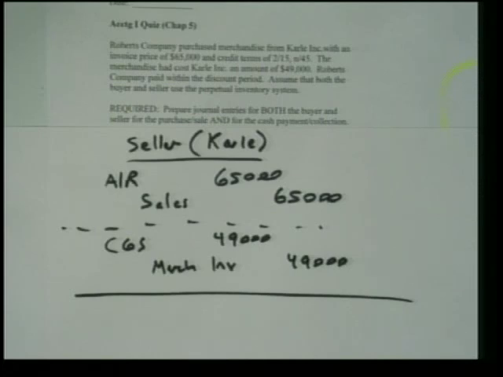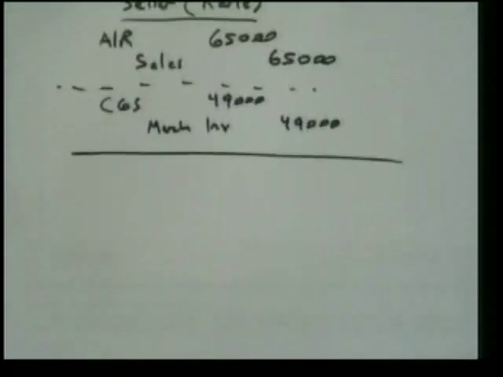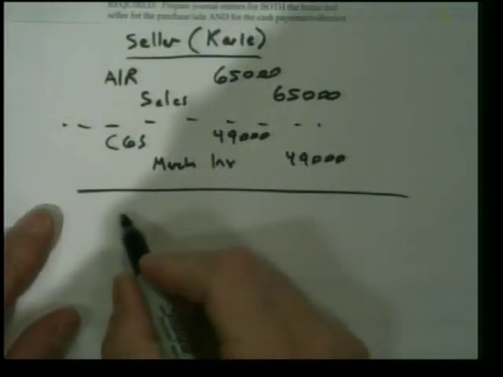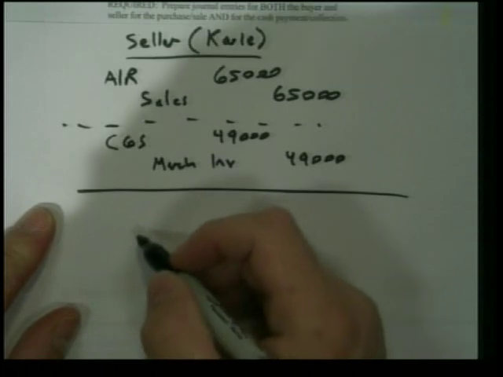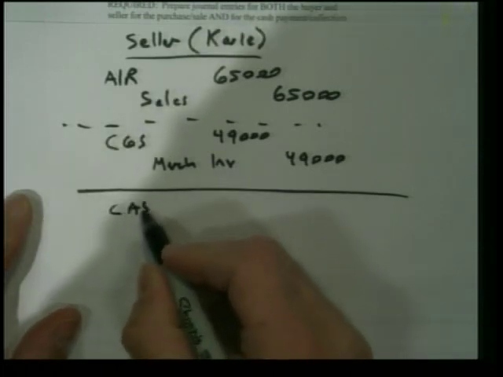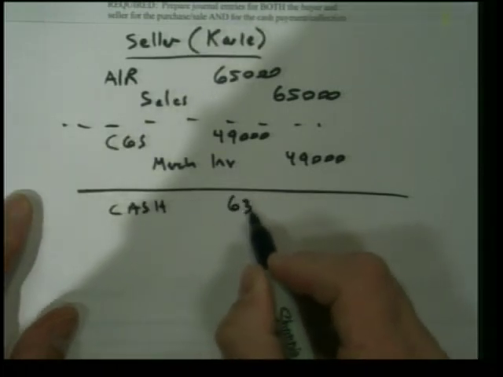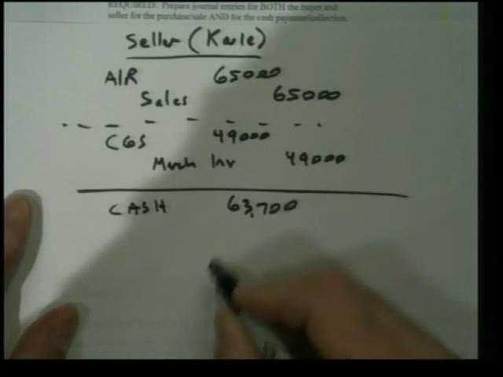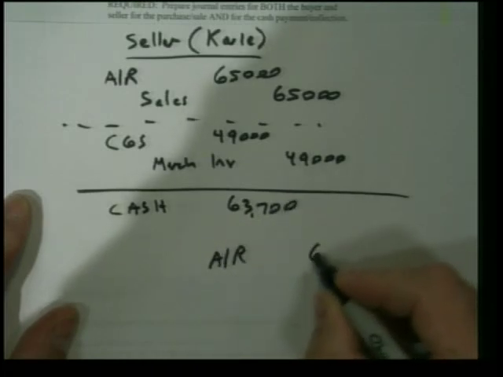Now, they were paid within the discount period, so they do not receive $65,000, do they? How much do they receive? $63,700? Is that right? Yeah. The entire accounts receivable is decreased.